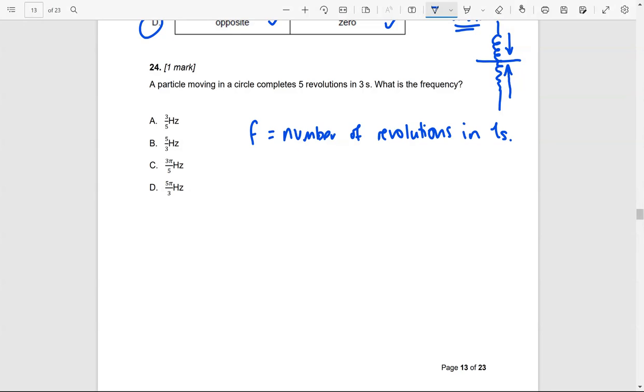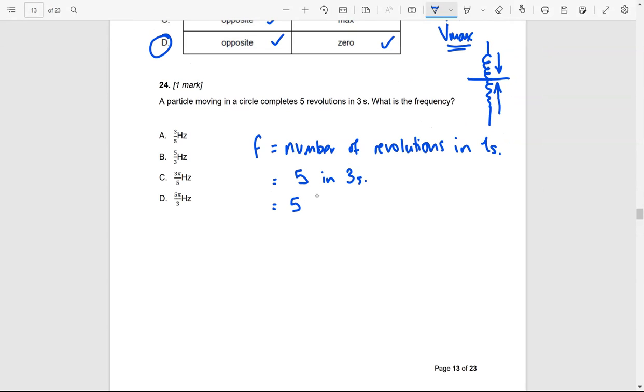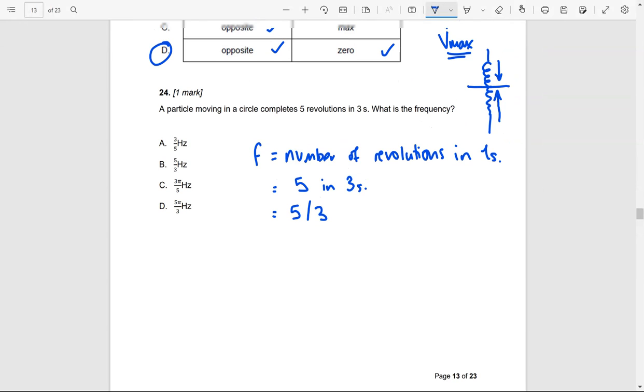It completes 5 revolutions in 3 seconds, so it's 5 per 3 seconds. So it's 5 divided by 3 hertz, which is the unit for frequency.